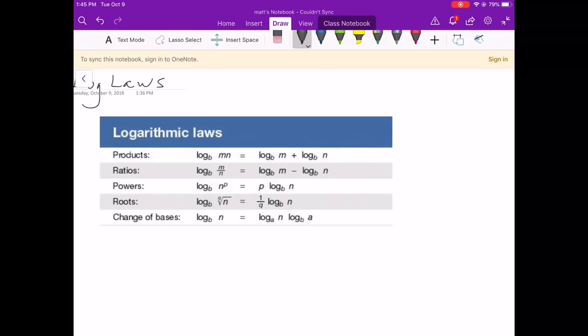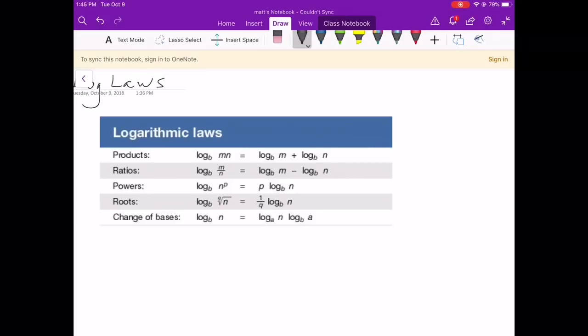If I'm raising to a power, that's the same as multiplying by that power times log base b of n. My roots here, whatever the root is that I'm taking, so here would be the q root of n, that's the same as multiplying by the inverse, or 1 over q, times my log base b of n.